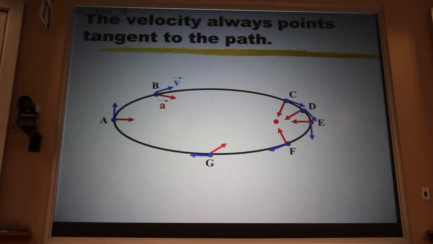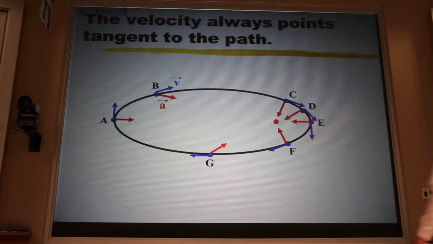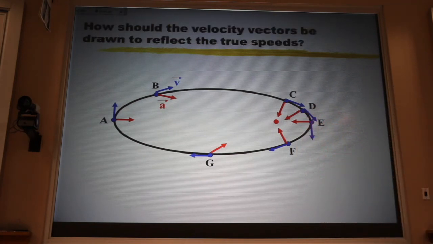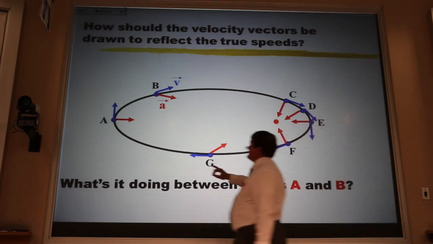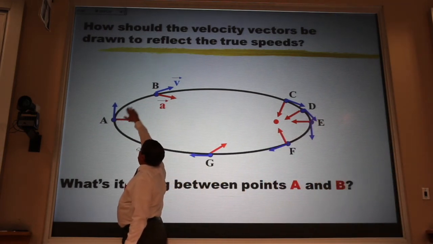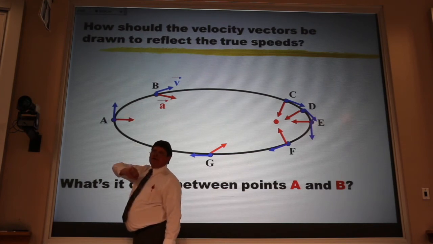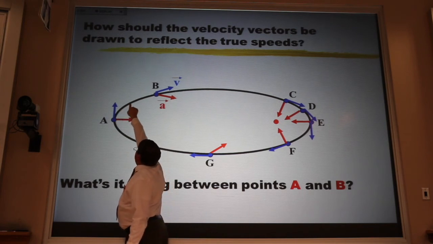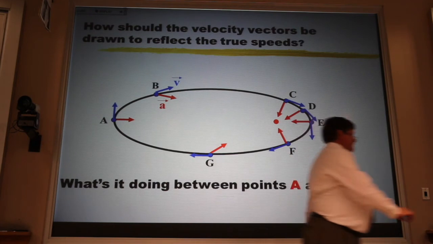What do you think? Longer. Now the question that you need to ask yourself is, what's happening between points A and B? Any point in between A and B is going to have an acceleration vector less than 90 with respect to the velocity vector. So I'm speeding up, speeding up, speeding up. It's going to be longer. Okay?